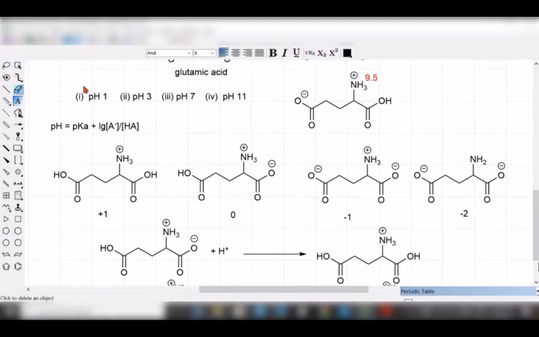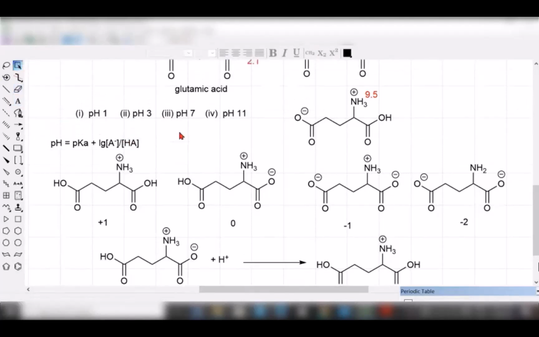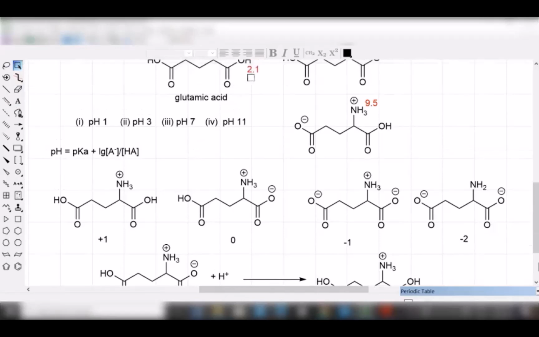You try to use this form. It does help. So basically, if you know your pKa of the strongest acid is 2.1, that will be 2.1. The pH you want is 1. And then if you take the ratio, you realize that at pH 1, this is actually the higher number, because the ratio is less than 1, or between 0 to 1, sorry.